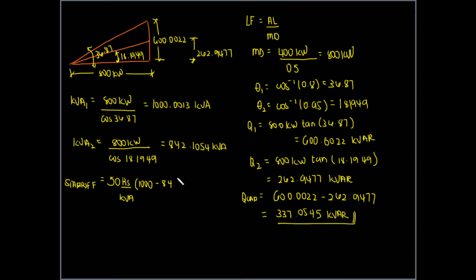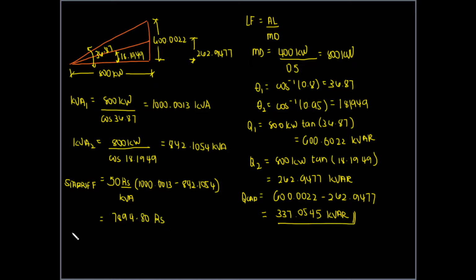I guess we have to complete the decimals. So 1000.0013 originally. Now 50 is just going to be multiplied to 842.1054. So the savings due to tariff must be 7894.8.